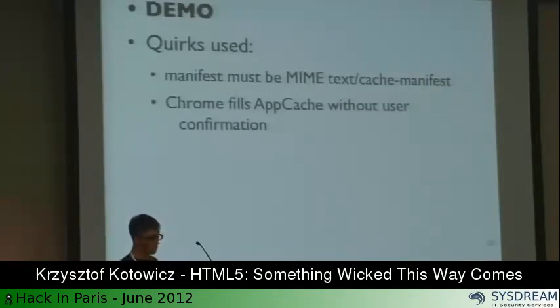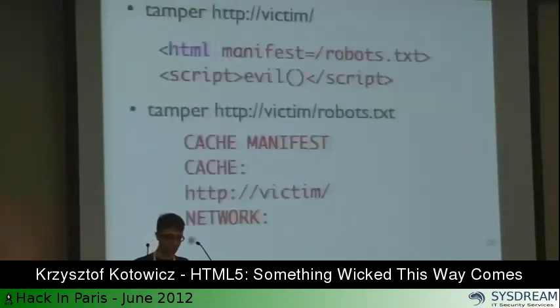And the second quirk that I used is that the WebKit browsers or Chrome browser don't need user intervention or confirmation to actually fill a cache. If a website asks to be cached by the offline web applications cache, Chrome will silently just allow it. Firefox, for example, will display a confirmation box.